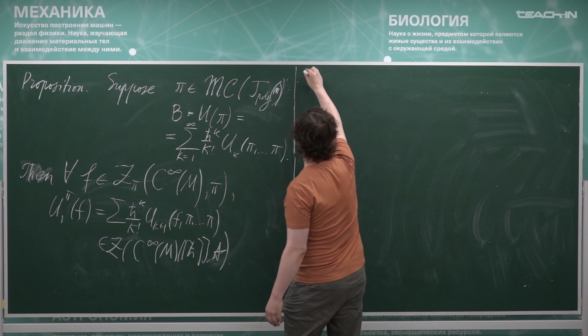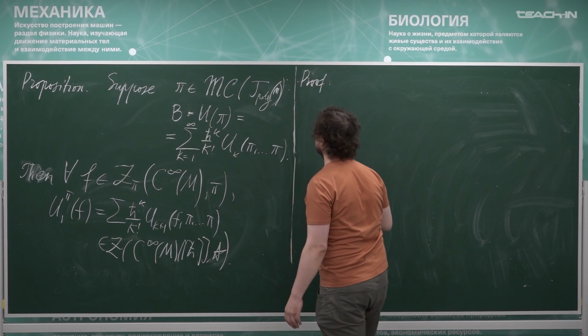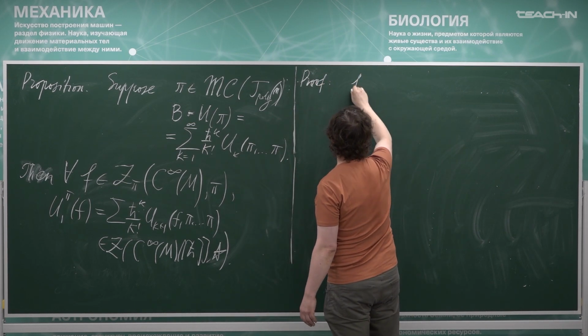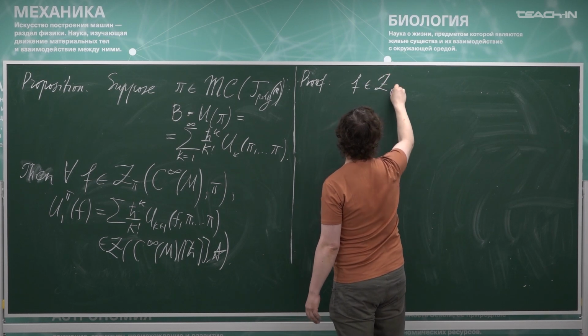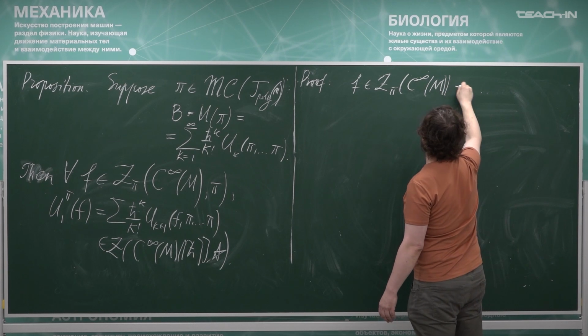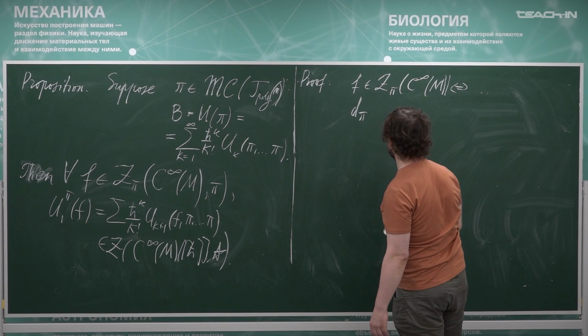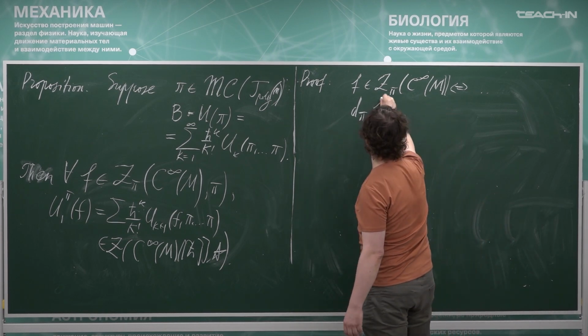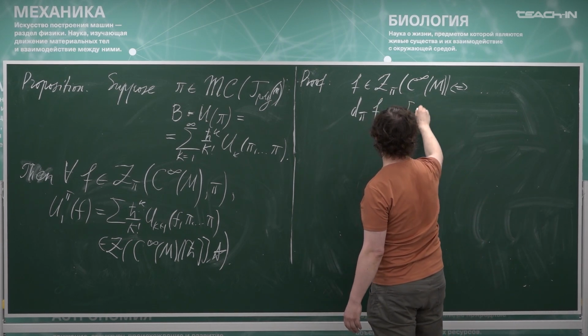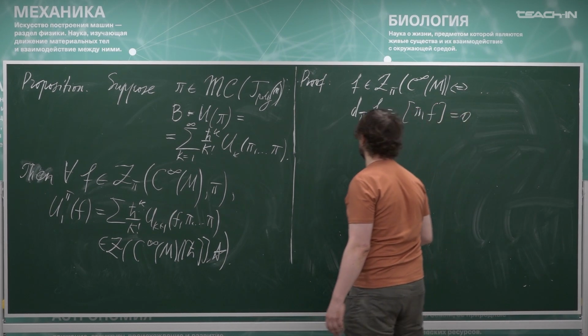So to prove this, we observe that F is in the Poisson center of this algebra if and only if the Lichnerowicz-Poisson differential of F, which is just the Schouten bracket of pi and F, vanishes identically.